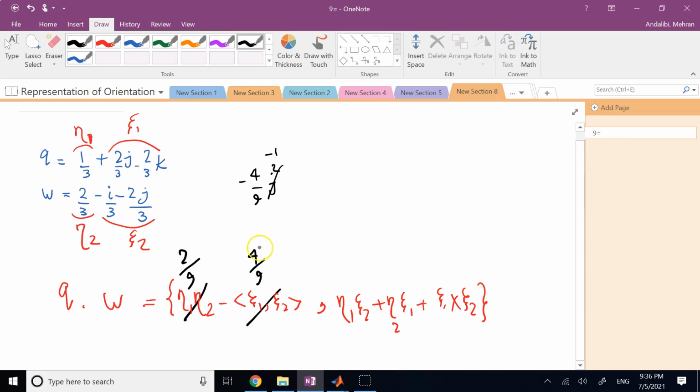So hopefully you see what I'm doing. Now, eta 1 zeta 2. So multiply 1/3 by these two guys. If you multiply those two guys by 1/3, you are going to get negative i over 9, and then negative 2j over 9.